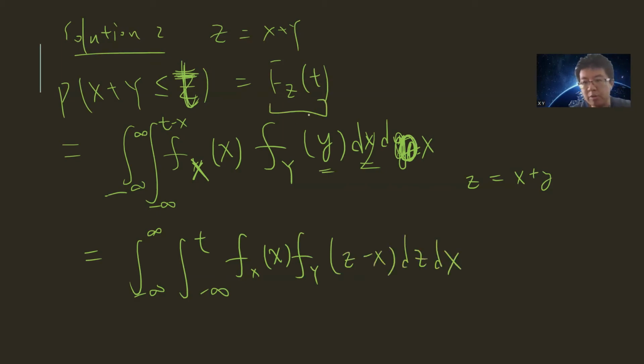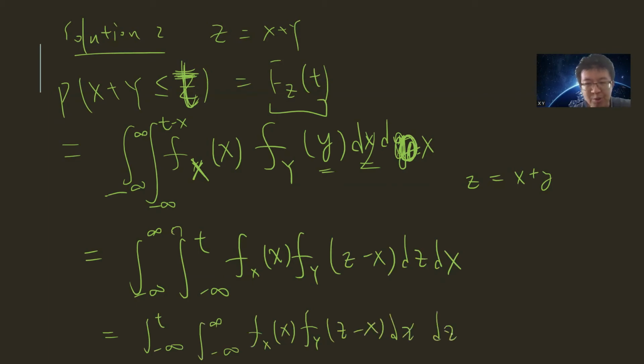Now you can do the differentiation with respect to t, after you swap the integration. Maybe you need to worry about whether you can swap integration or not, but suppose you can. You differentiate with respect to t, not small z, because z is a fixed number.